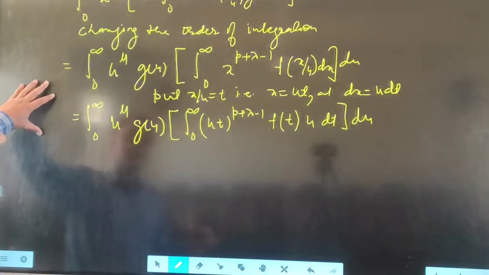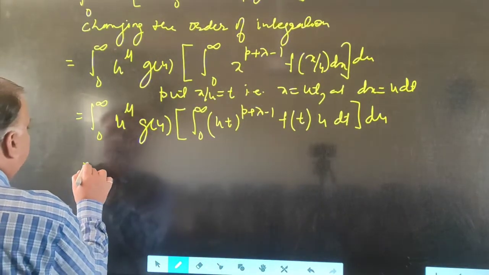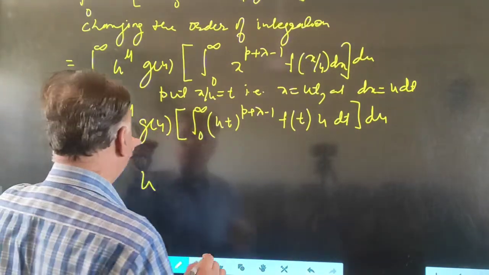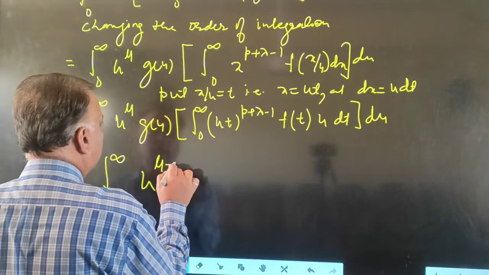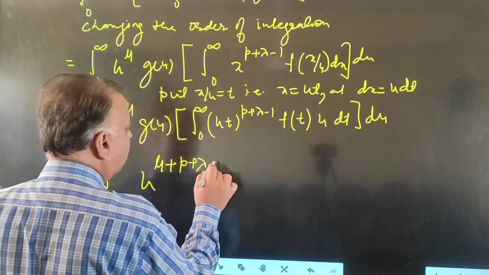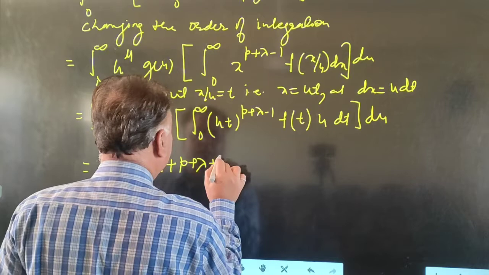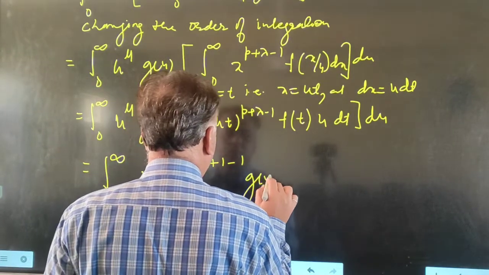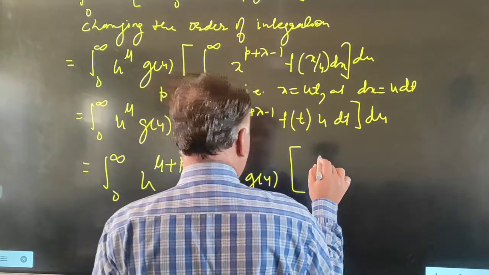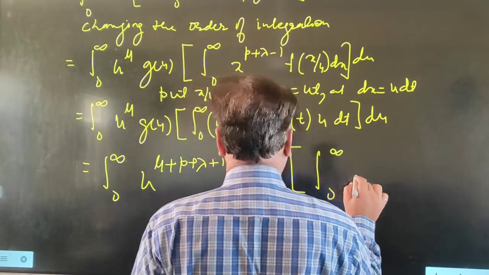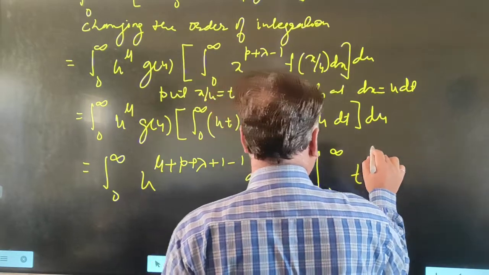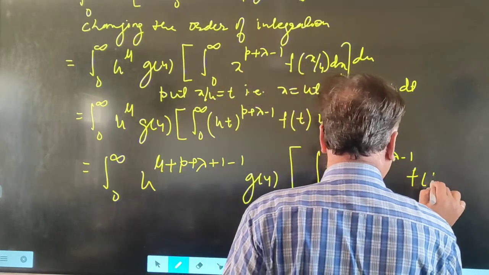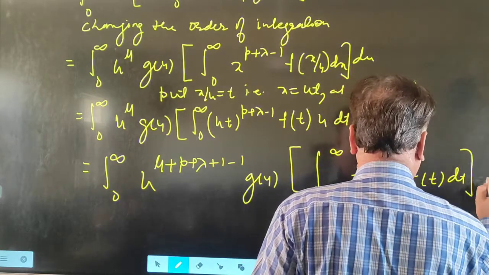Solving this, we get integral 0 to infinity u raised to mu plus p plus lambda plus 1 minus 1 g of u multiplied by integral 0 to infinity t raised to p plus lambda minus 1 f of t dt, and then integrate with respect to u.